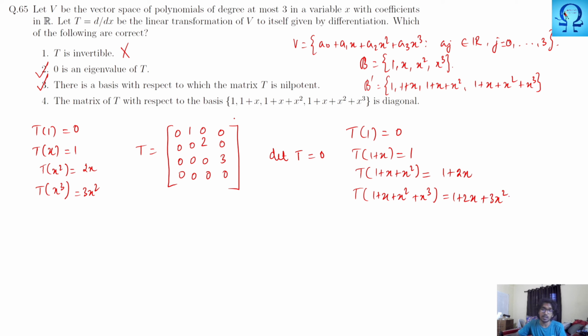Since the basis entries are lengthy and I am lazy, I am going to call them v1, v2, v3 and v4. So this is 0 v1 plus 0 v2 plus 0 v3 plus 0 v4. So this is 1 v1 plus 0 v2 plus 0 v3 plus 0 v4.